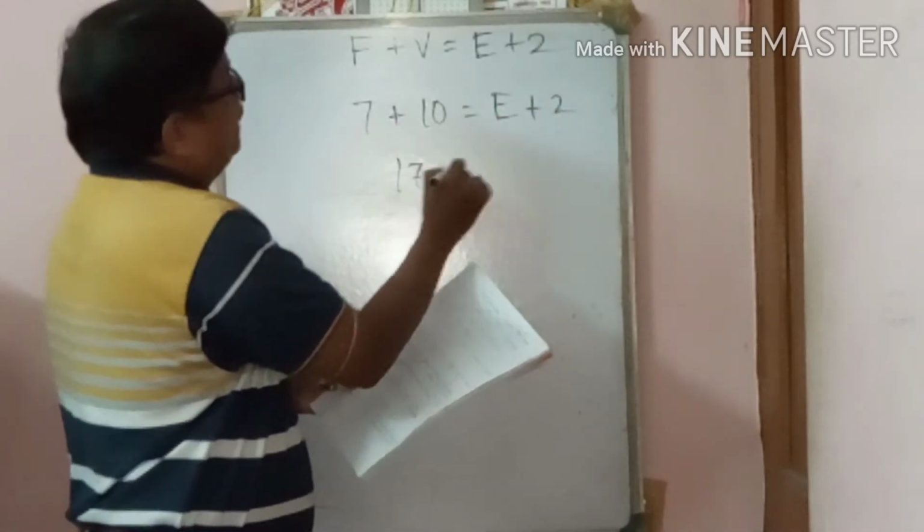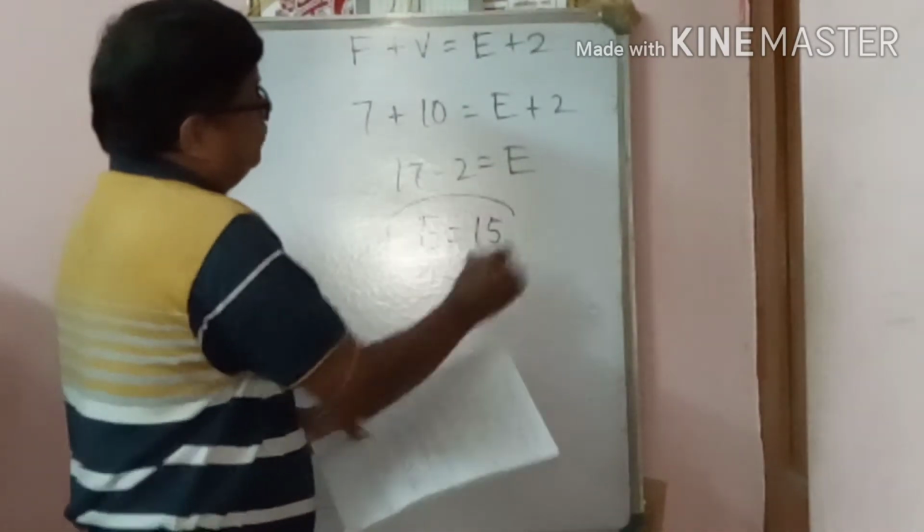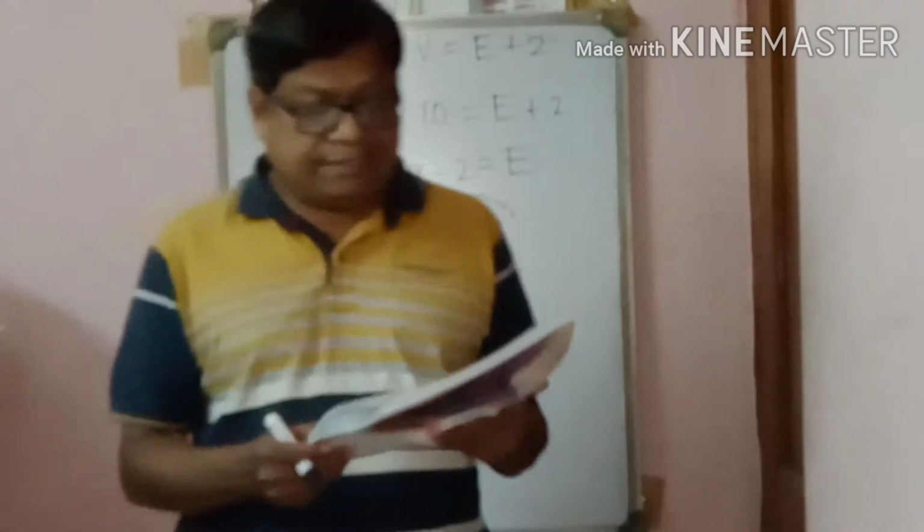That is 17 minus 2 equals E, that is 15. So E is equal to 15.